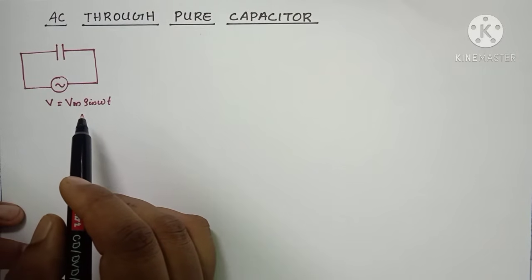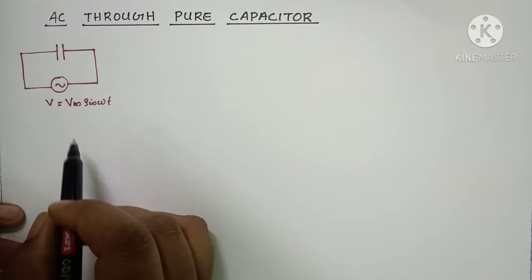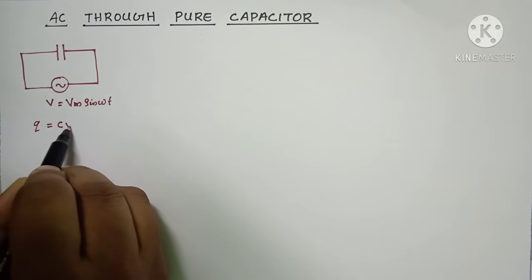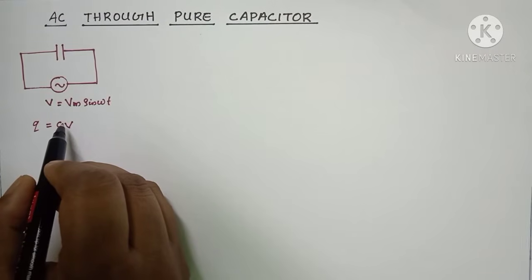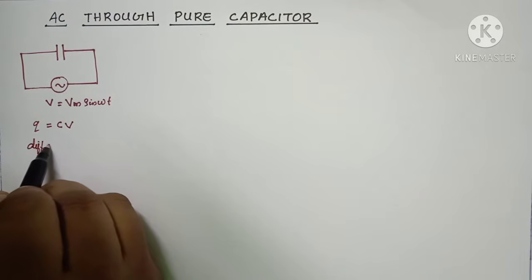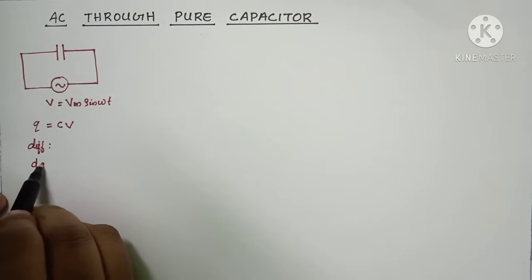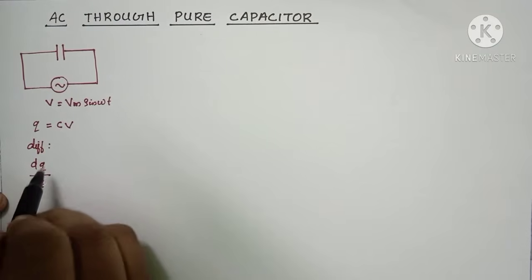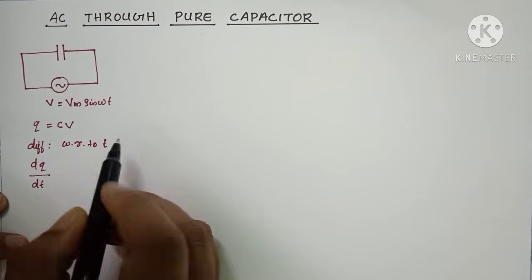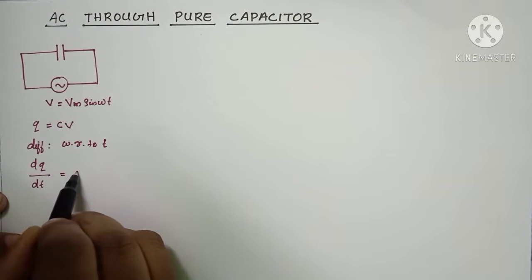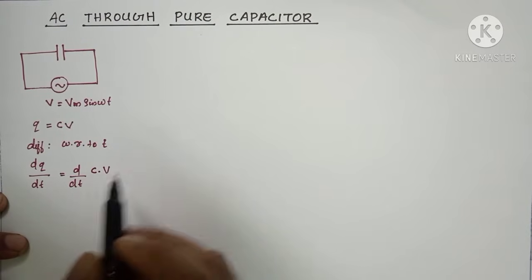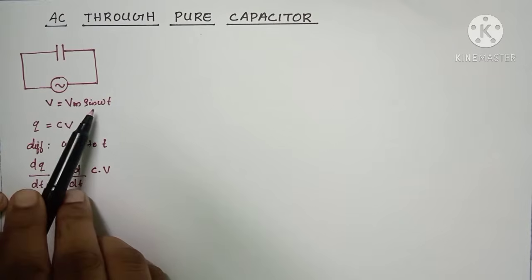And if we consider the basic characteristics of a capacitor, that is q is equal to C v. If we differentiate both the sides with respect to t, we will get dq by dt will be equal to d by dt of C into v, and here v is Vm sin omega t.